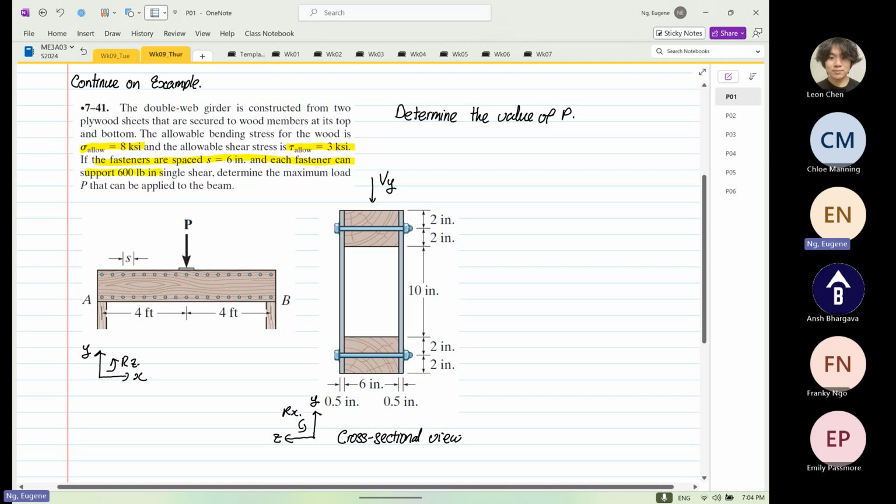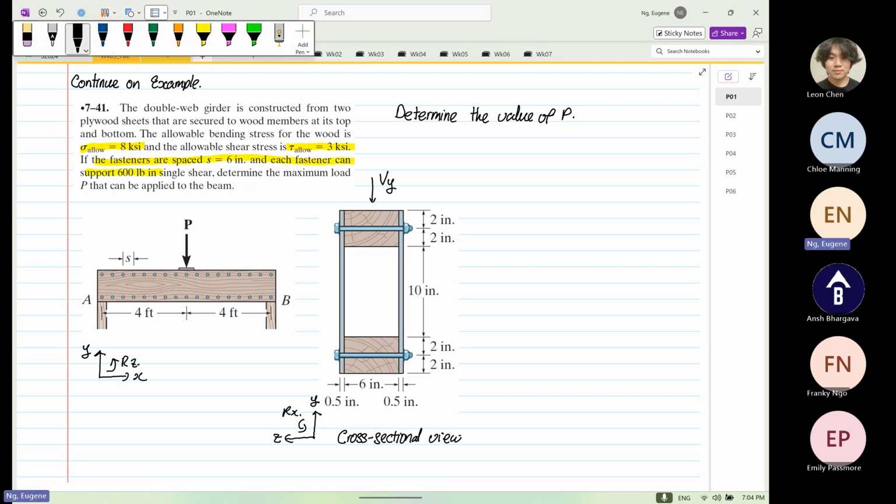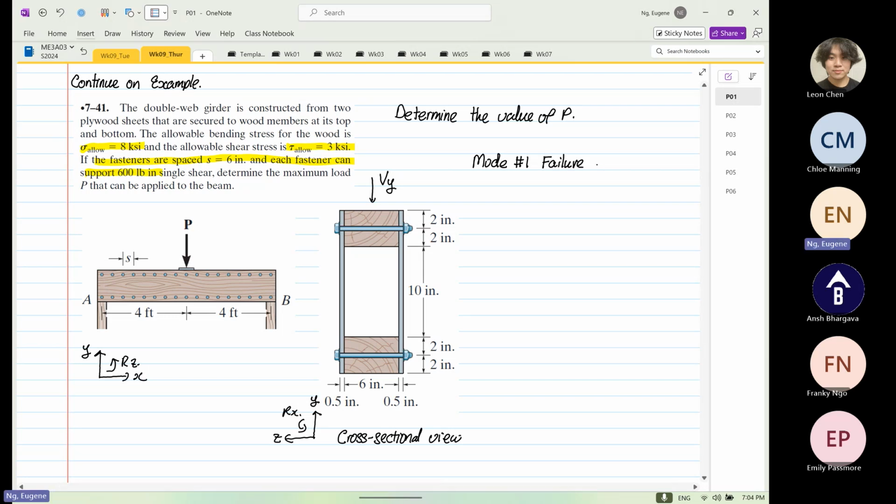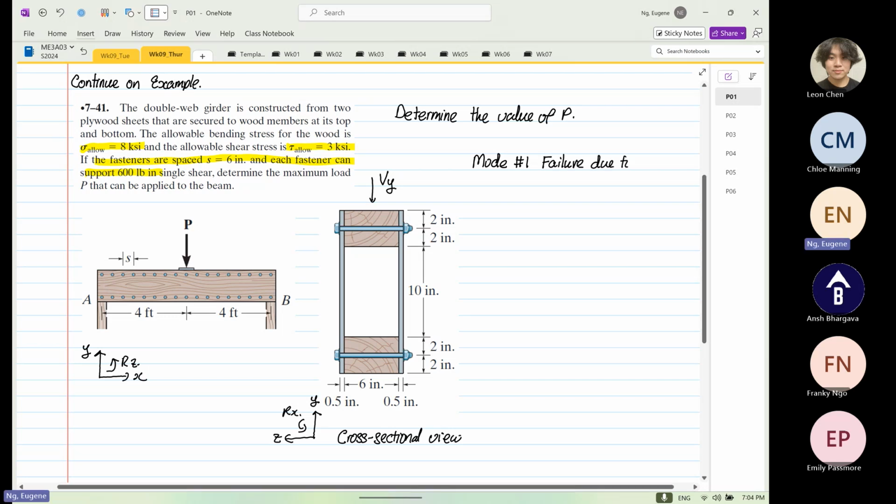Okay, the properties of the fasteners that's given to us. So on Tuesday we have done mode 1, which is failure due to the fastener.